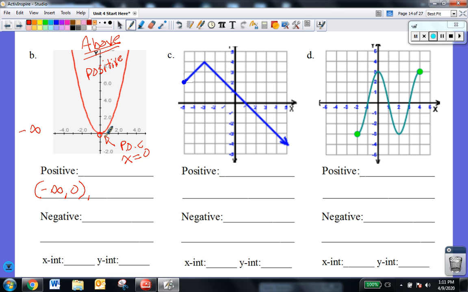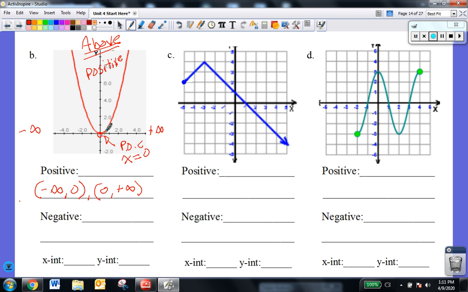Then we're going to have another interval of positivity from 0 all the way to positive infinity. So this thing is almost all positive, except that point right here, that x is equal to 0.